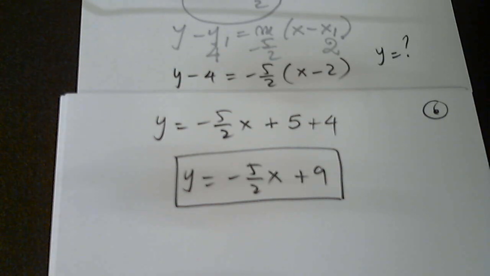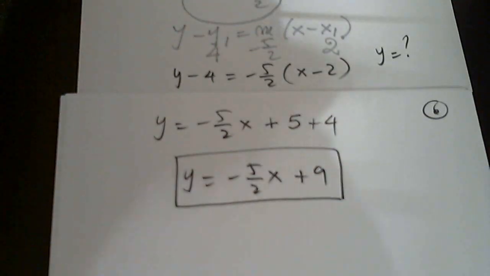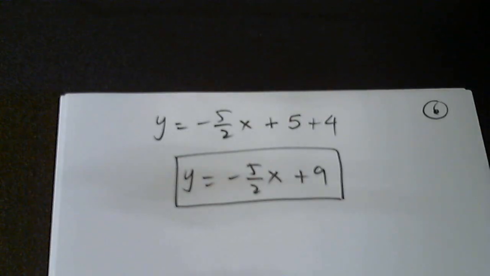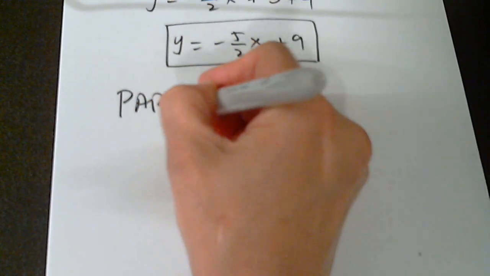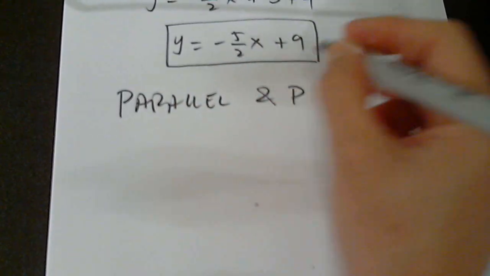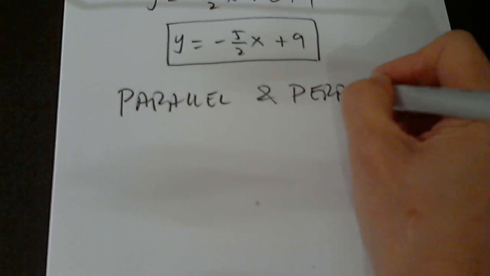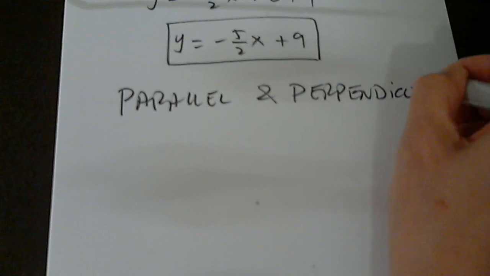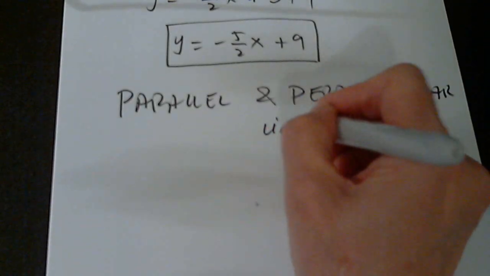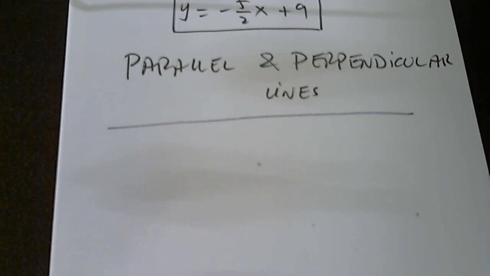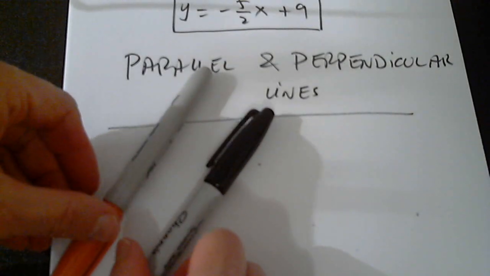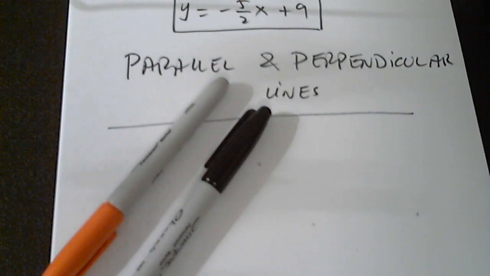Okay. Now, one other thing that I want to mention here, do I still have a minute? Yeah, I have 3 minutes. Parallel and perpendicular lines. 2 lines are parallel if they have the same slope.